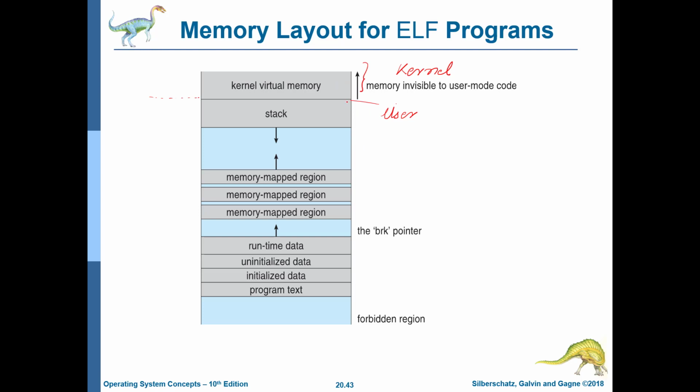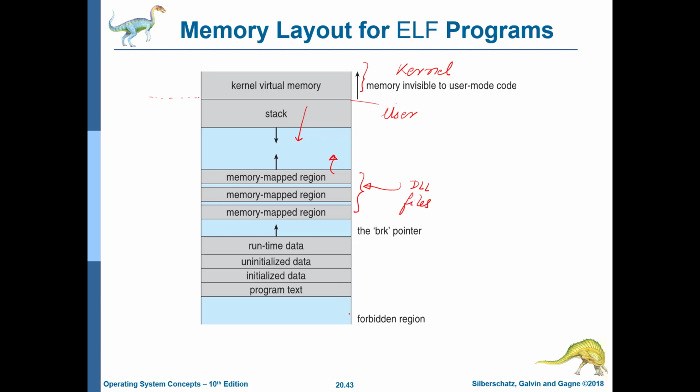The user code will start over here with a downward growing stack. Then we will have our memory mapped regions, which can grow upward. These memory mapped regions are essentially for some DLLs and also for when we memory map files.